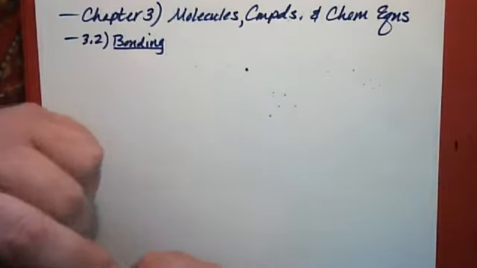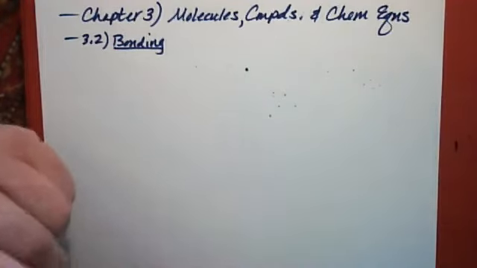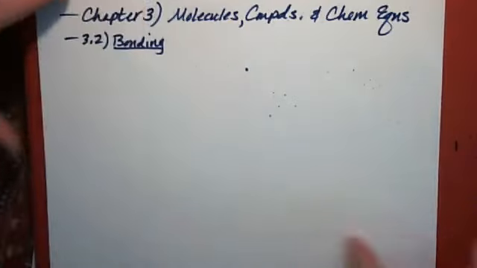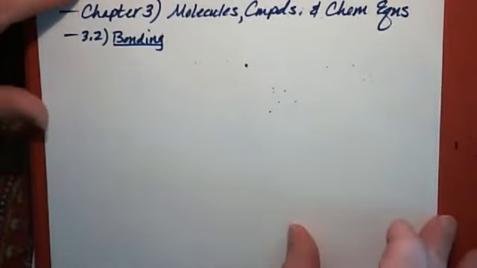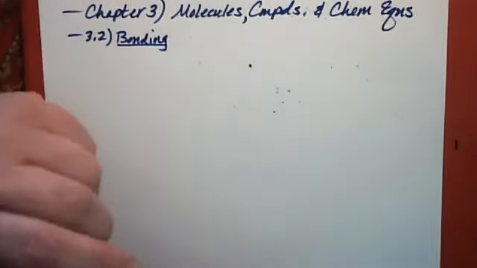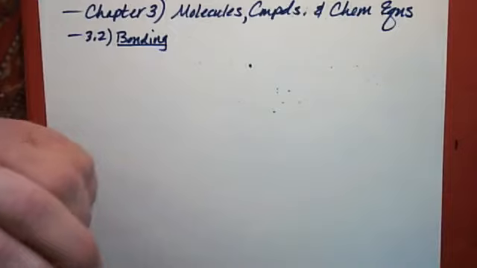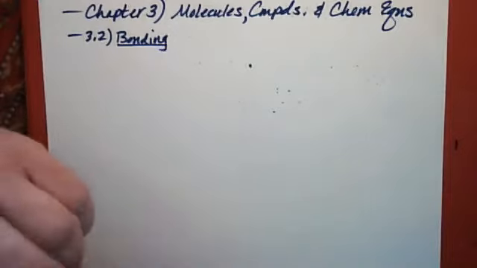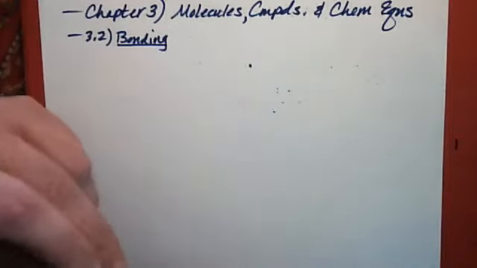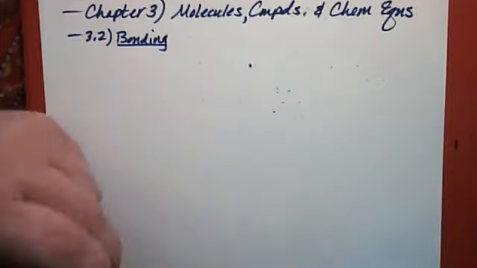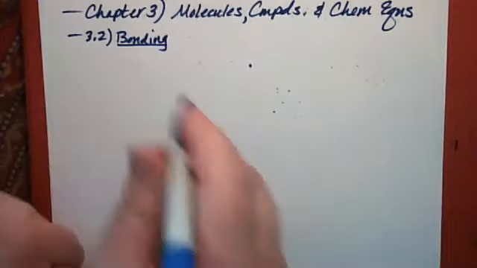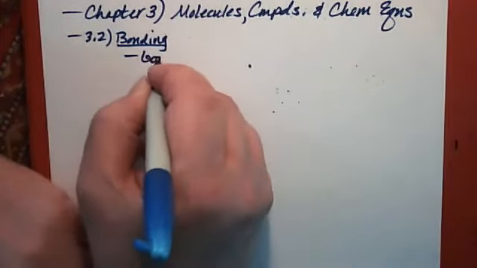The first section that we're going to cover in any detail is actually the second section, 3.2, which is about chemical bonding. 3.1 is actually a section that's dedicated to demonstrating the kind of changes in properties that can occur when chemical bonding occurs.